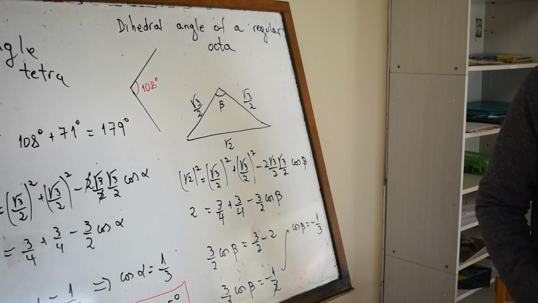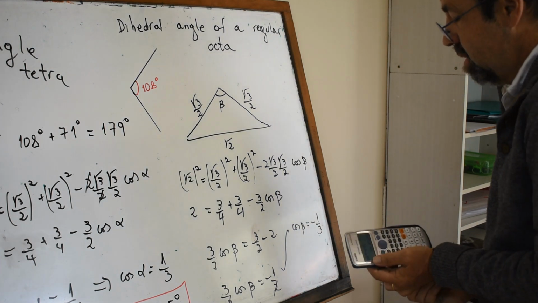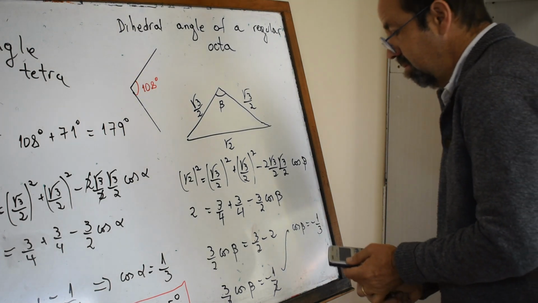which leads us to, with the calculator, shift cosine of minus 1 divided by 3, which is 109. Beta is 109.5.